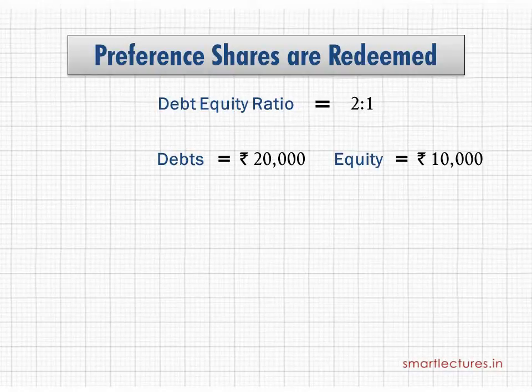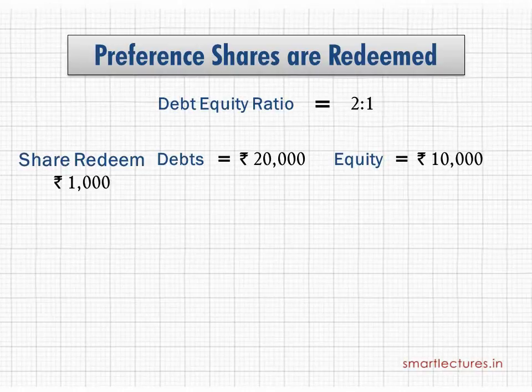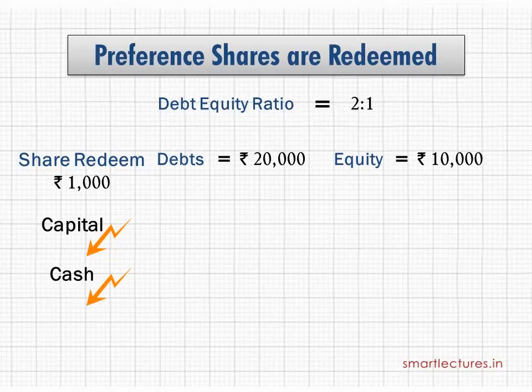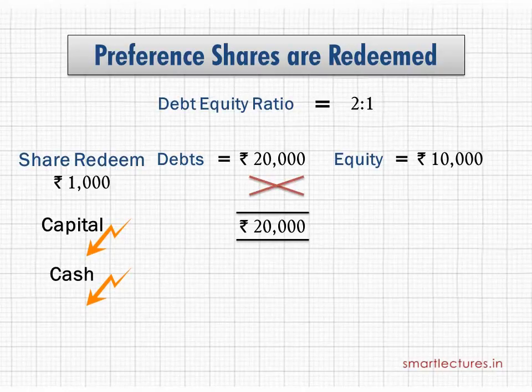When preference shares are redeemed, on one side the company will decrease its capital and on the other side cash will be decreased. It means debts will remain as it is, 20,000, but equity will decrease by rupees 1,000.